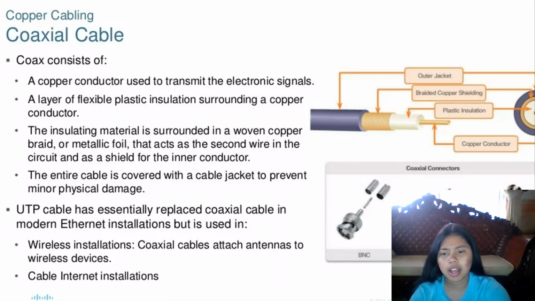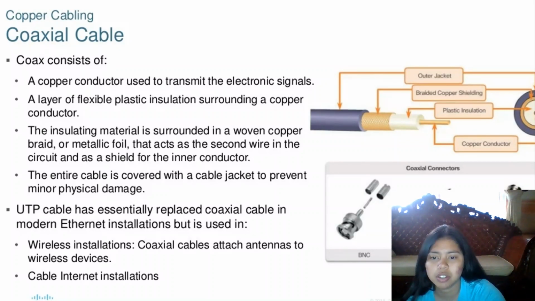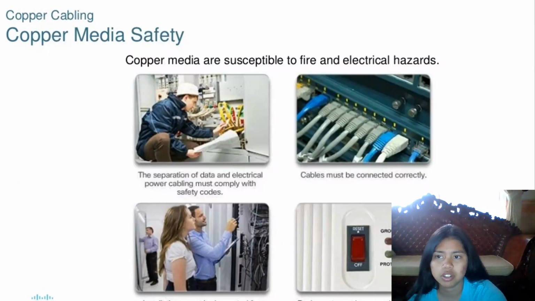UTP cable has essentially replaced coaxial cable in modern Ethernet installations, but coaxial is still in use in wireless installations and cable internet installations. Copper media safety.